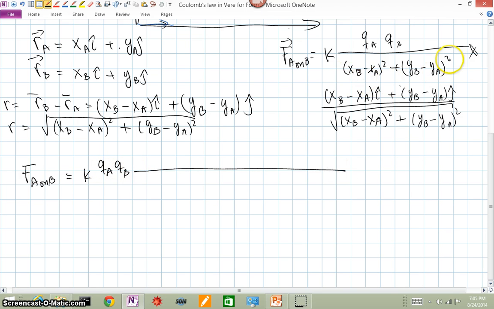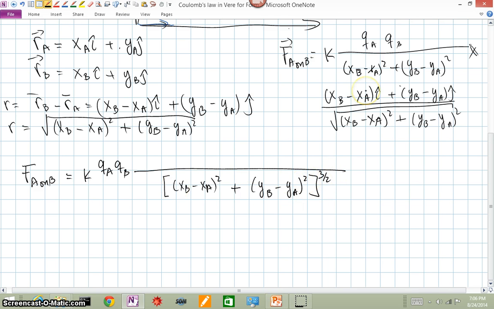So this times this is going to give me this number here, xb minus xa squared plus yb minus ya squared to the 3/2. And this 3/2 you're going to see a lot later when we study fields. You're going to see that there are many solutions that come out with 3/2 here.